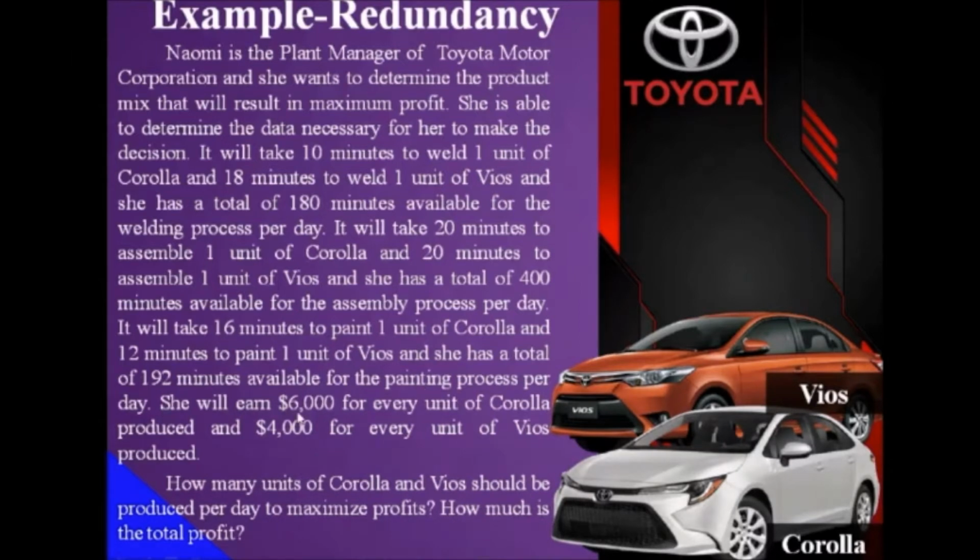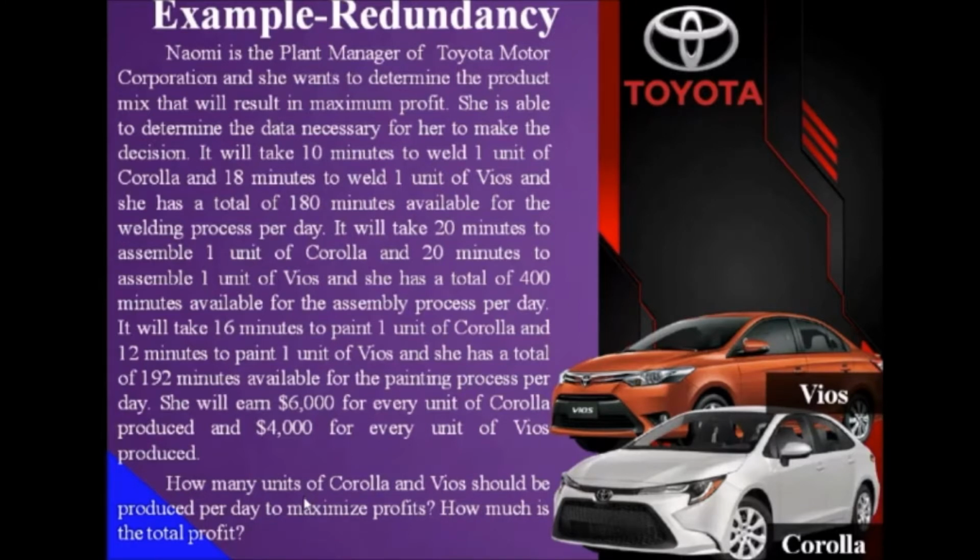She will earn $6,000 for every unit of Corolla produced and $4,000 for every unit of Vios produced. Now, the question is, how many units of Corolla and Vios should be produced per day to maximize profits? How much is the total profit?